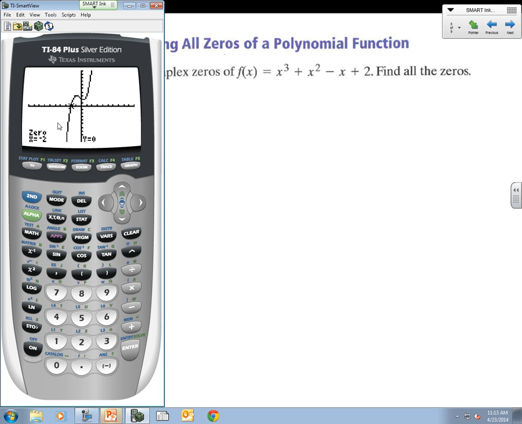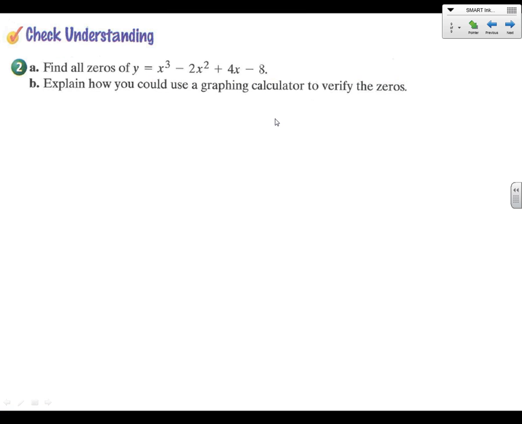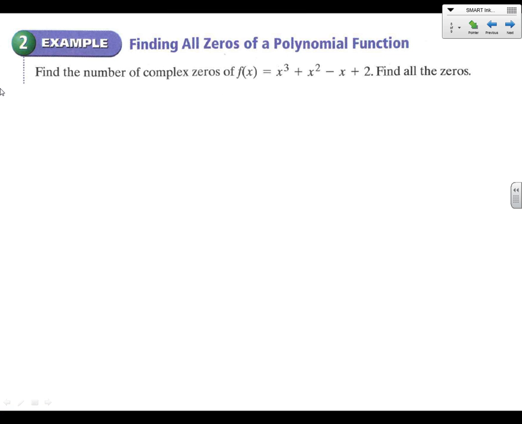All right? So now here's what we have to do. We have to make sure that -2 does work from the possibles. So when we come back here, first I'm gonna write out some steps. Step 1, find the possible rational roots. All right, so it's going to be the factors of 2 over the factors of 1.